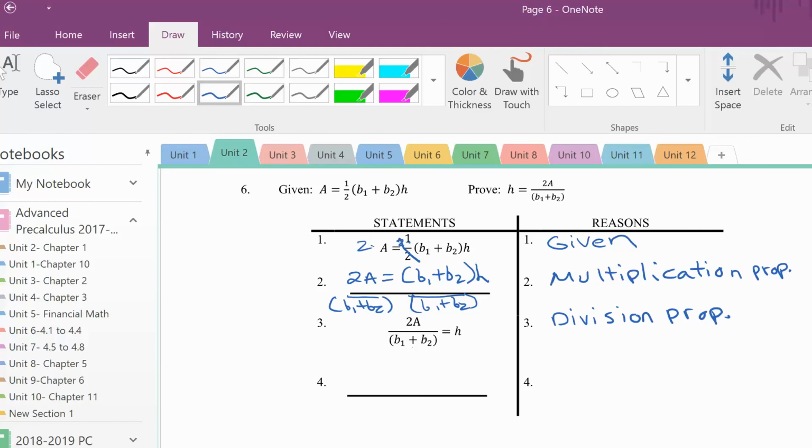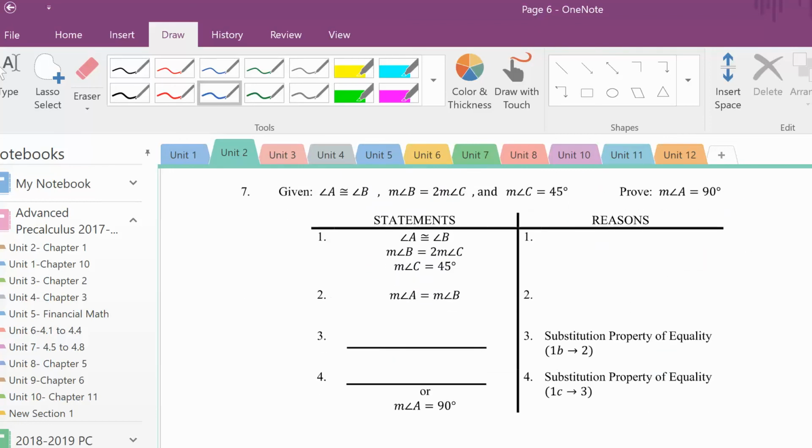So then from 3, we want to end up with H equals 2A over (B1 plus B2). And the only thing we did is switch sides of the equal sign, so that is the symmetric property. All right, so try the next one on your own, and then we'll go over the answers.